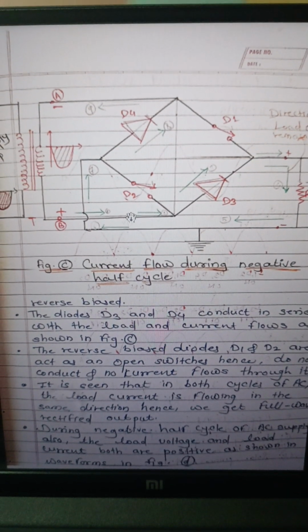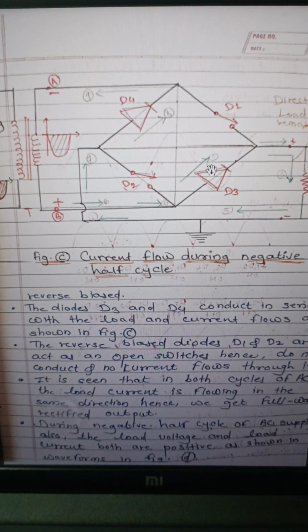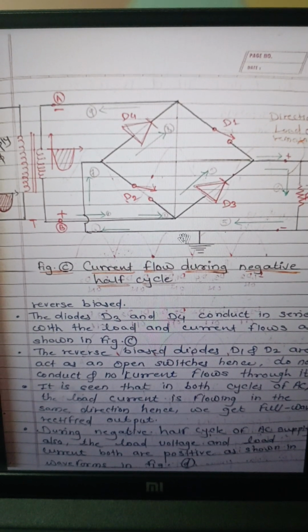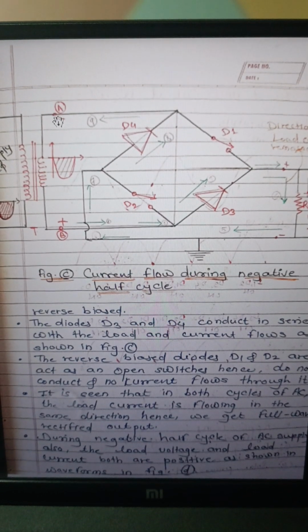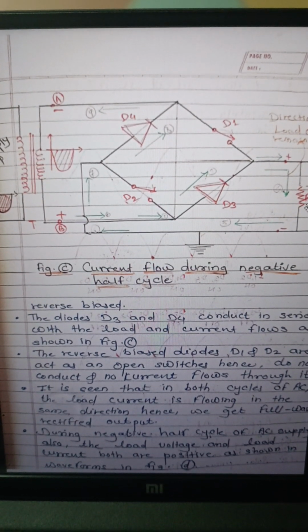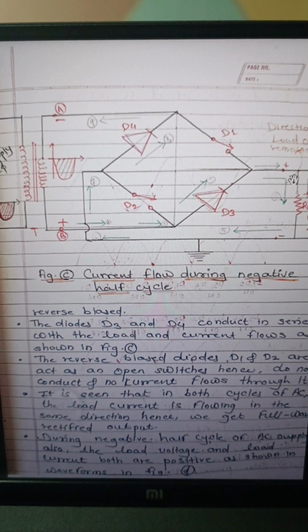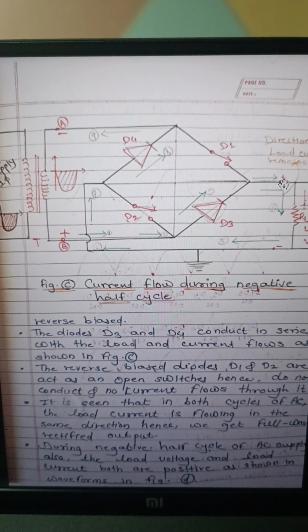So as point B is positive and D3 and D4 are in the forward bias mode, current flows from point B, then D3, then RL, then again D4 and back to point A. So if you observe the direction of current, it is again in the positive direction, positive to negative.